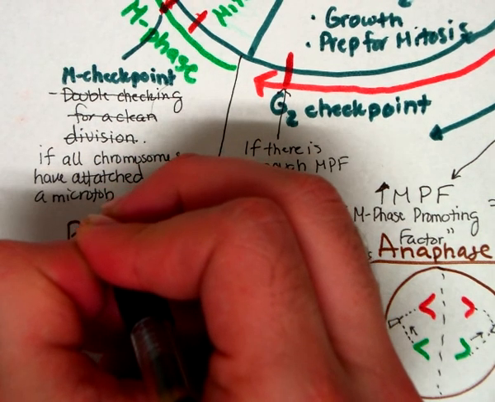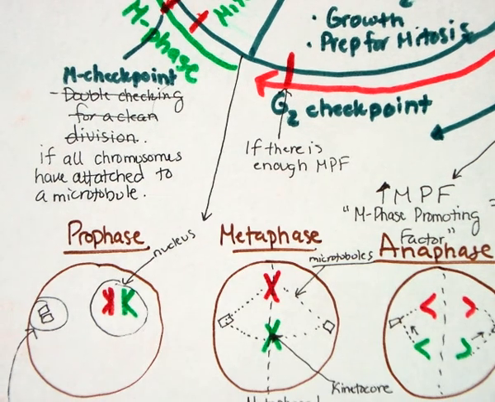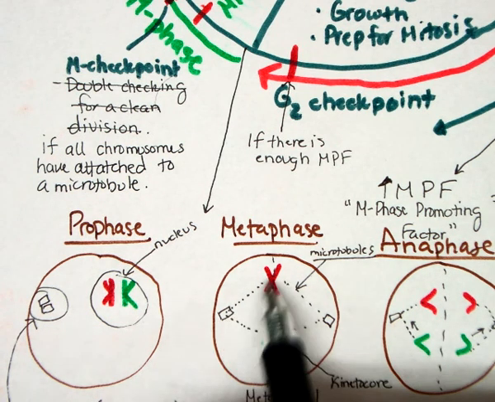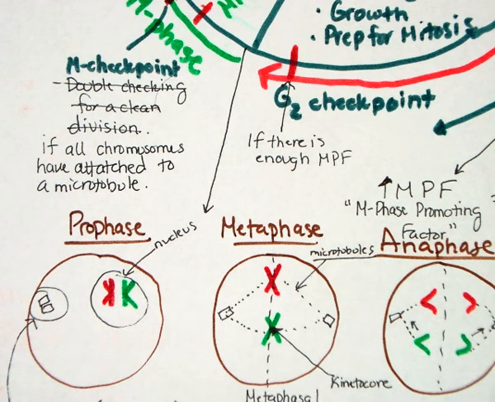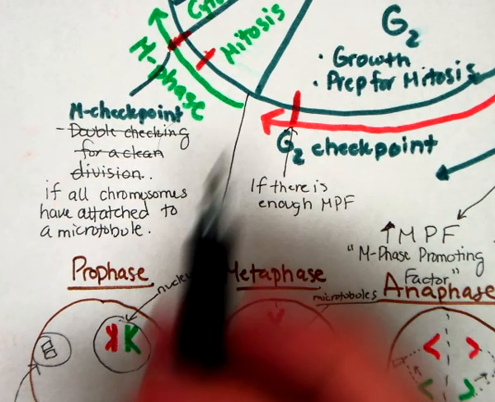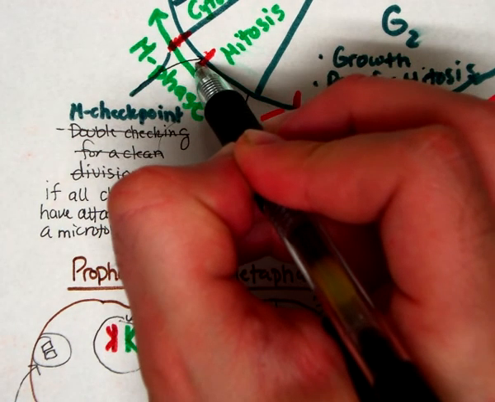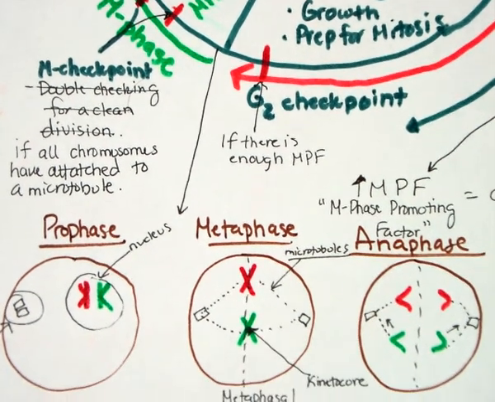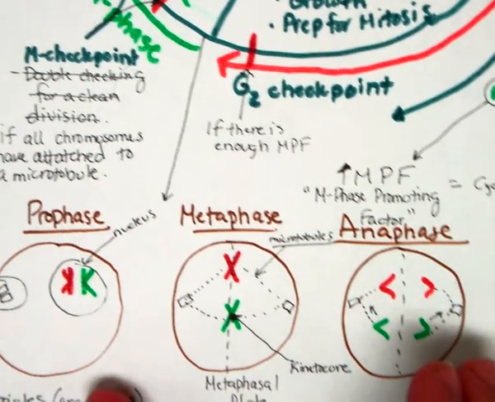Because it cannot proceed to anaphase unless those kinetochores are all ready to go, right? So the big M checkpoint is actually during metaphase, okay?